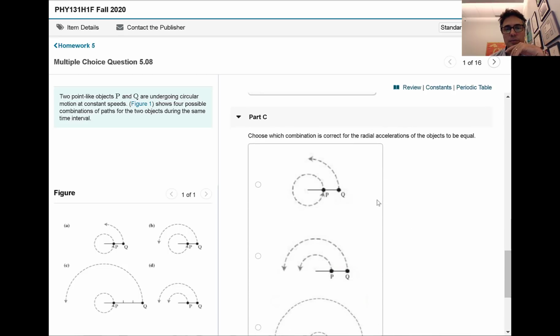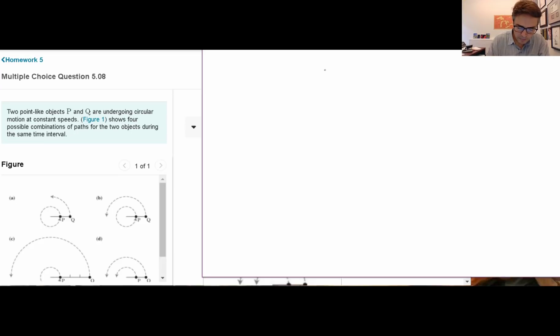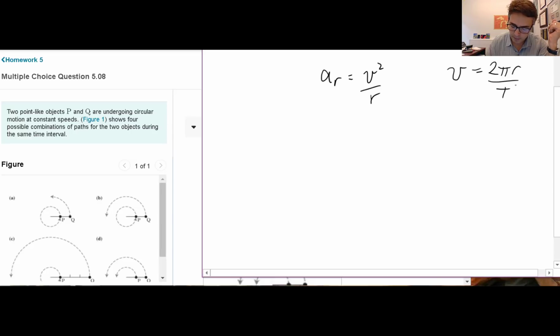Part C, choose which combination is correct for the radial accelerations of the objects to be equal. Remember, the radial acceleration is v squared over r, but we have things in terms of period. The period of Q is either twice the period of P or equal to the period of P. So let's convert that. Remember that v is equal to 2 pi r, the circumference, divided by the period.